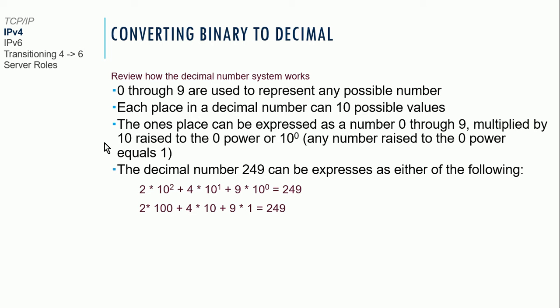You just have to remember that in binary, each place is a power of 2. So 2 to the zero power is 1, 2 to the first power is 2, and so forth and so on. And you can use that to calculate the binary or decimal equivalent between different numbers.